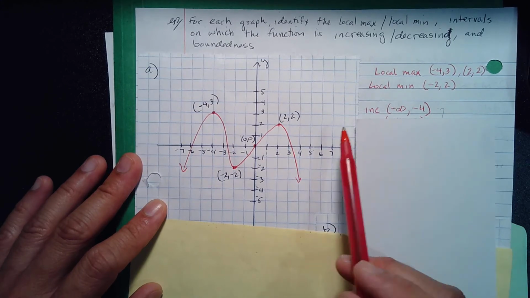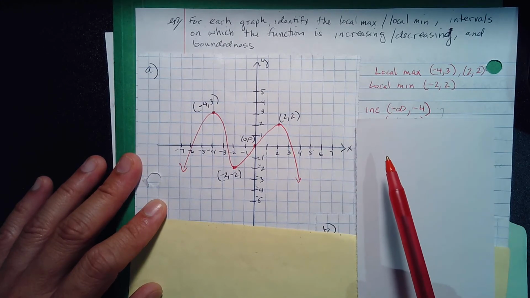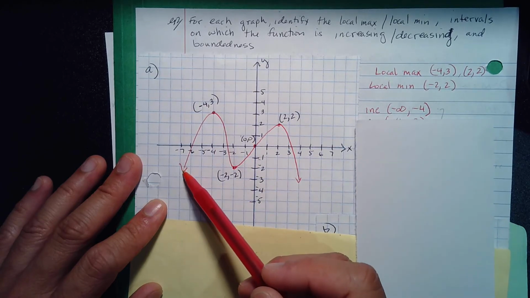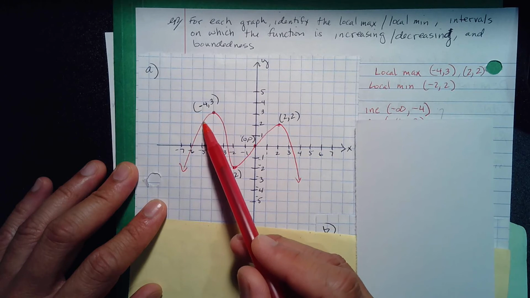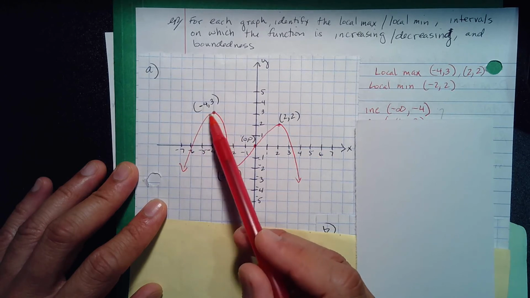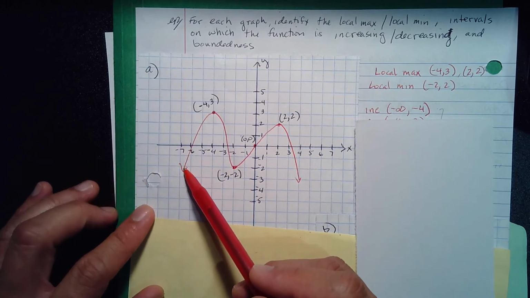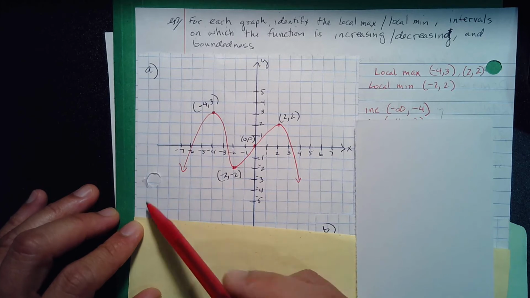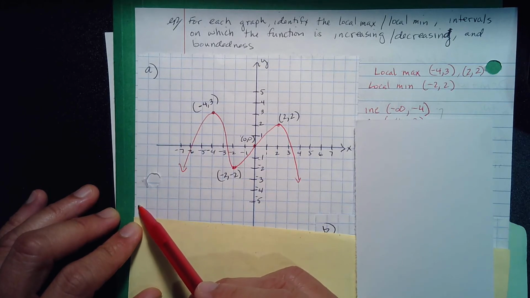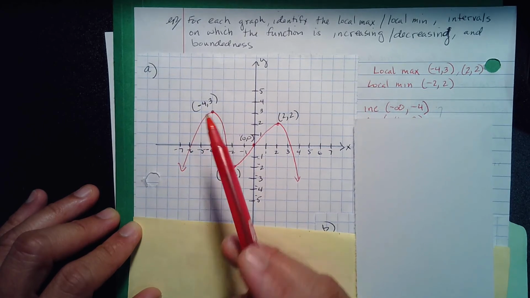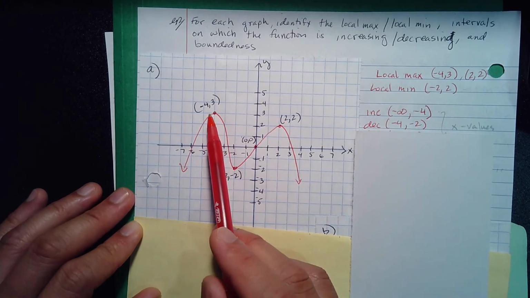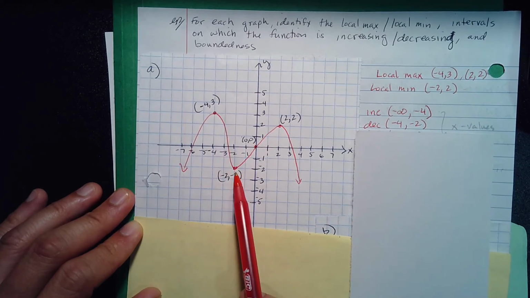When you look at intervals of increasing and decreasing, think x values. From negative infinity, it's increasing all the way up to negative 4. The arrow means it continues going downward this way, so we're catching all the negative numbers to the left. It's decreasing from negative 4 to negative 2.